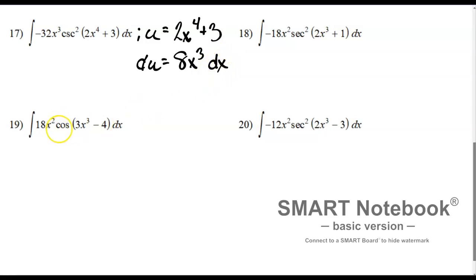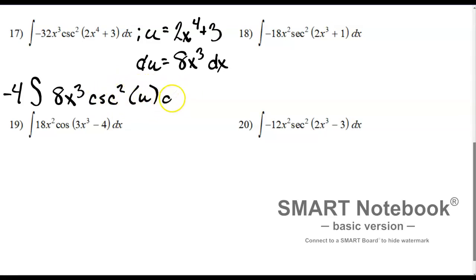You can pause here and attempt to proceed on your own. So let's continue. We're going to integrate 8x cubed, and I've got an additional negative 4 that I'm going to factor out. So I have the 8x cubed, cosecant squared of u, dx.